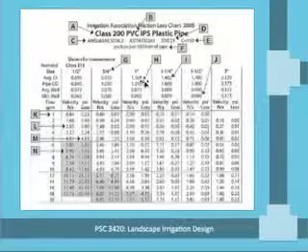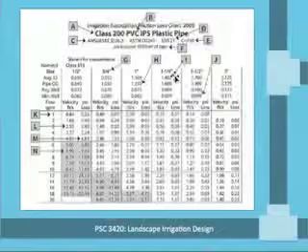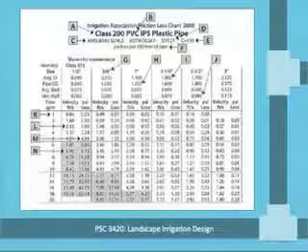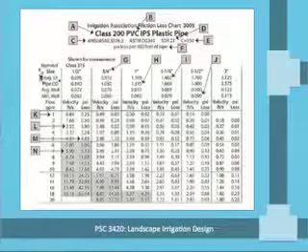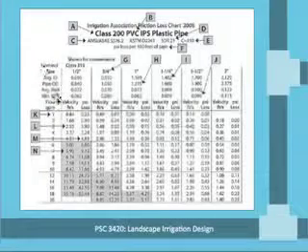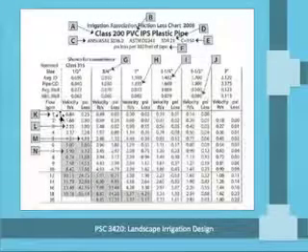H indicates the outside diameter of the pipe. I indicates the inside diameter of the pipe. J indicates the wall thickness of the pipe, and these are all noted over here on the left-hand column of the chart. And K indicates the flow rate of the pipe.